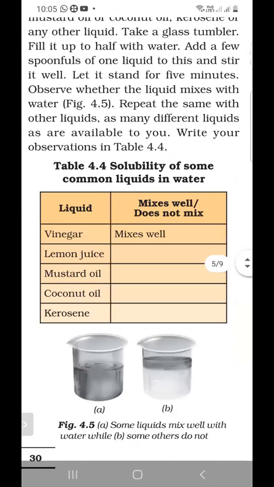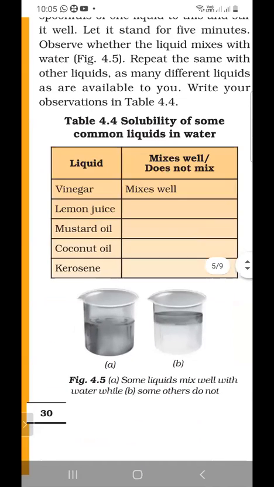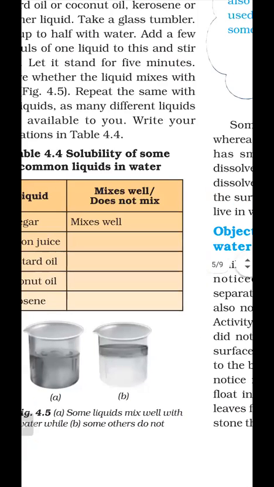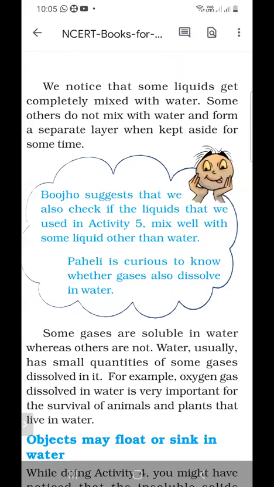So next, we notice that some liquids get completely mixed with water and some others do not mix with the water. So there are 2 types of liquid. First is miscible liquid and next is immiscible liquid. And next, a solid dissolves into the water, a liquid dissolves into the water.